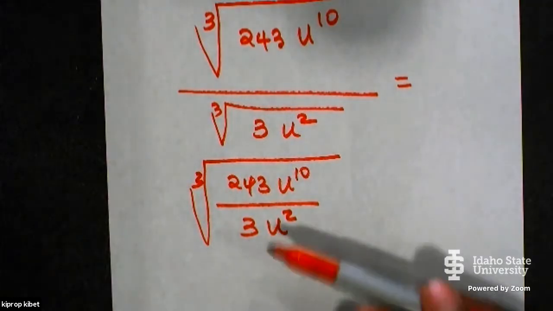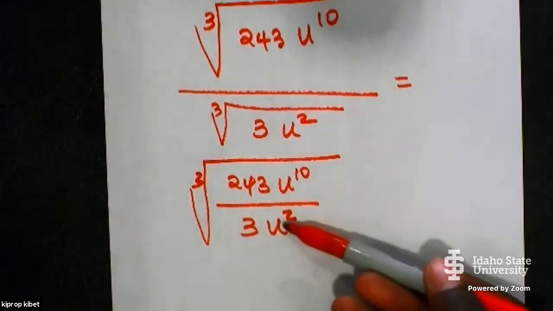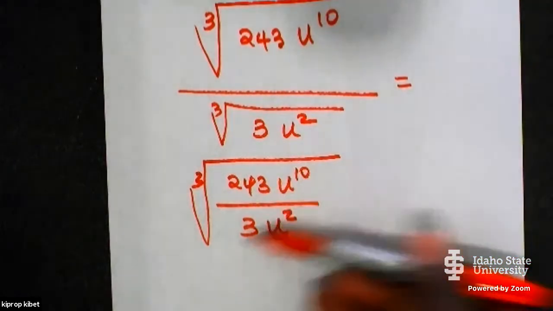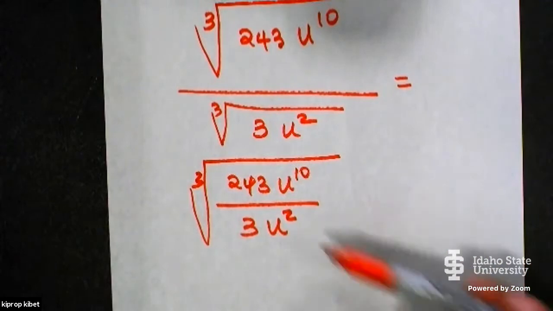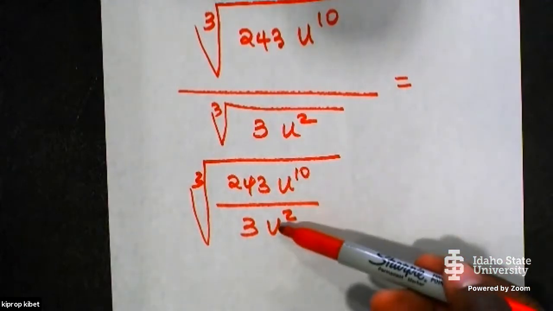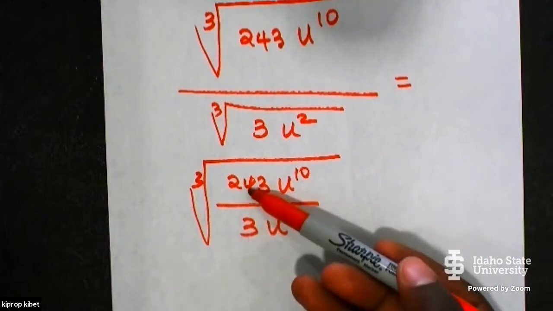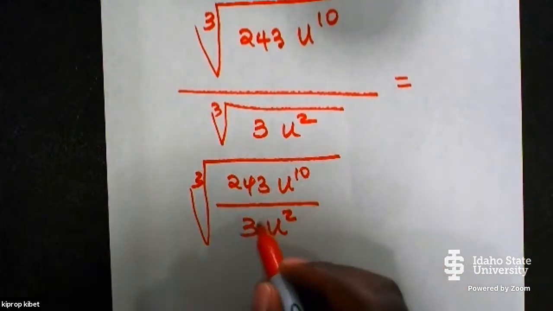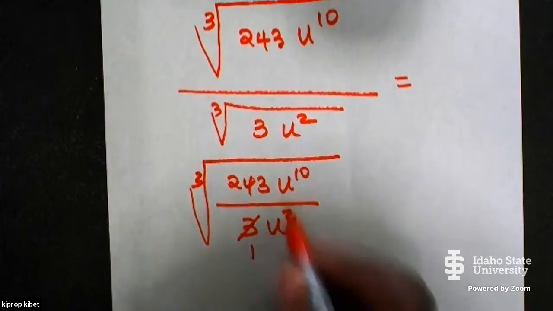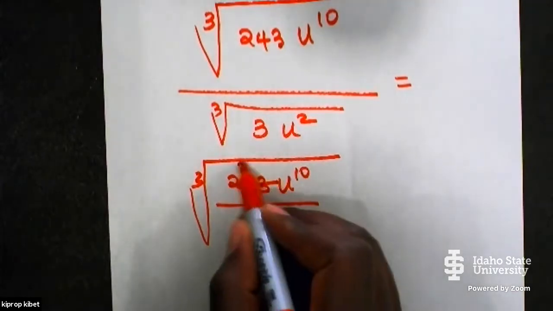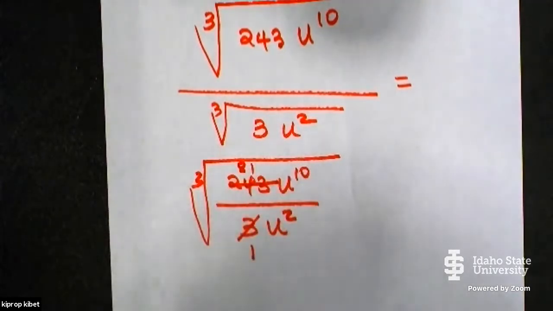So here you can cancel what you can cancel, and then for this, if you divide by 3, will this one divide by 3? So it will, right? 243 divided by 3 is 81.